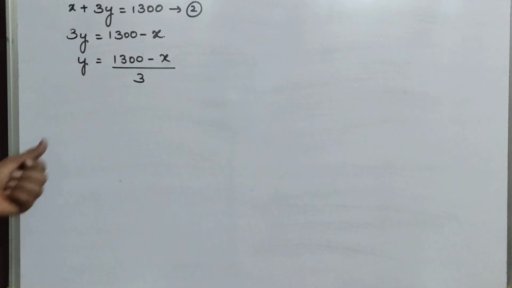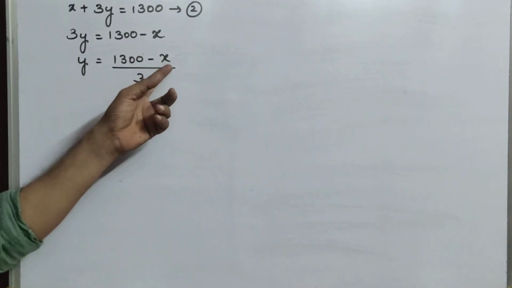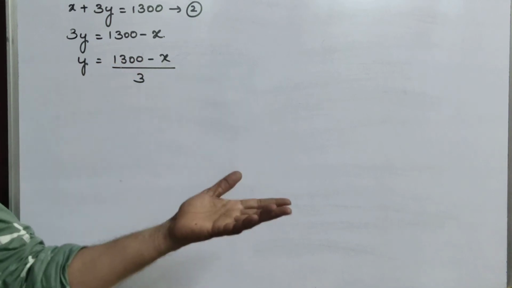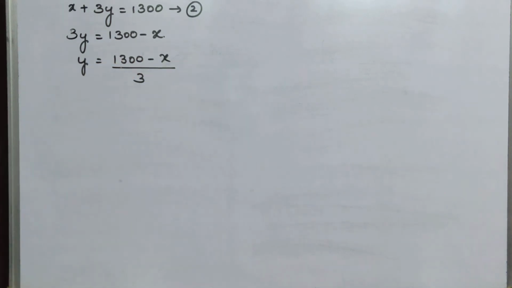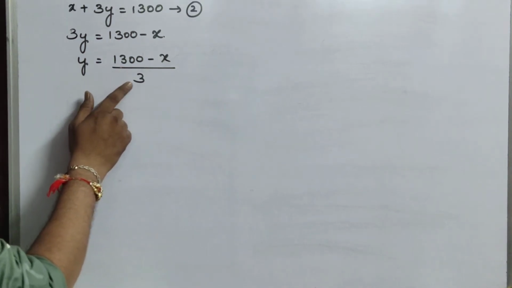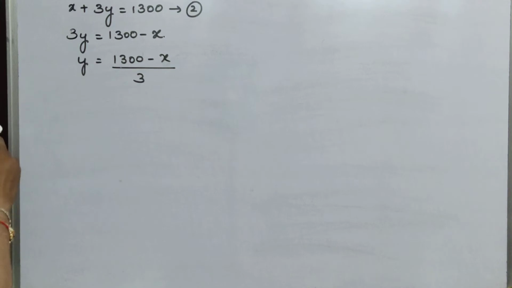Now here what will you consider as the x value? See, the x value, after subtracting from 1300, you can consider even positive or negative, it's not a problem. But see that it should be divisible by 3. Like that you can consider.